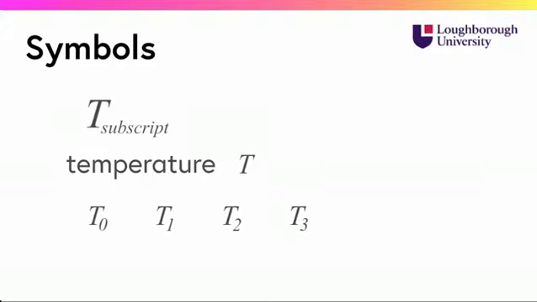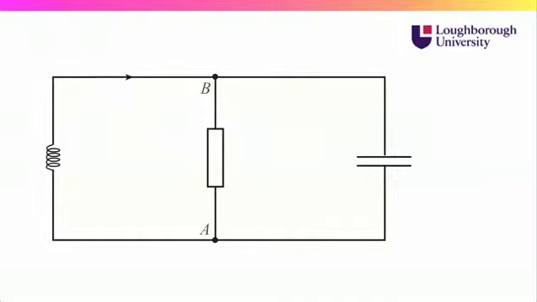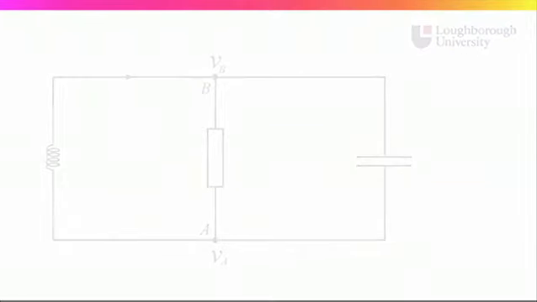The choice is somewhat arbitrary, but clearly some choices will be more sensible and meaningful than others. In an electrical circuit, the voltage at 2 locations, A and B, might be labelled V subscript A and V subscript B, or simply VA and VB.